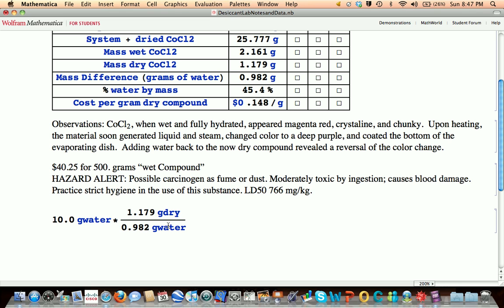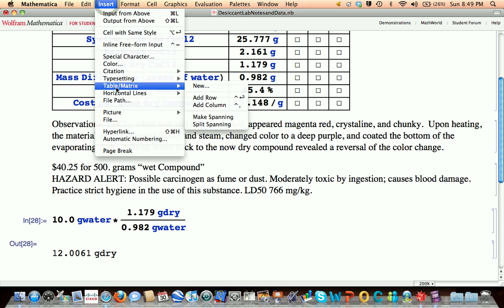So if I stopped right there, it would say, so how many grams of dry compound do I need? So for this compound, to pick up 10 grams of water, I would have to have about 12 grams worth of cobalt chloride that I have dried. So that might be interesting, so let's put that in there too. Let's add that row.